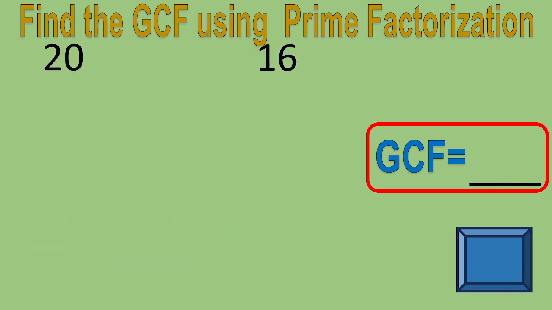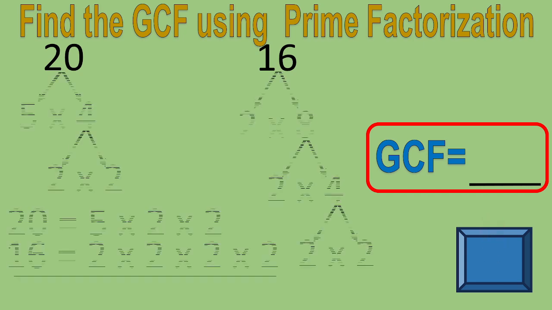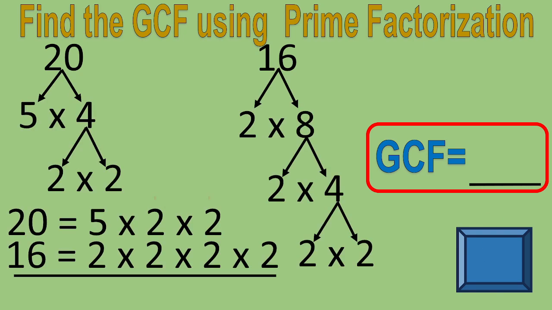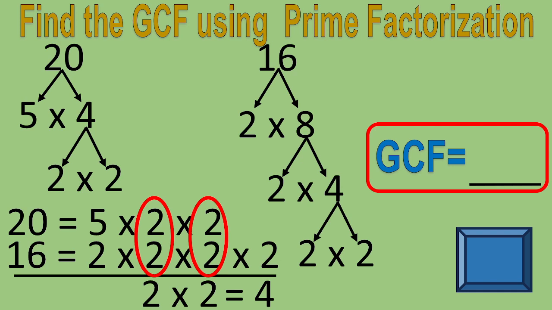Another, 20 and 16. Time's up. The common prime factors are 2 and 2. So, 2 times 2 equals 4. So, the GCF is 4.